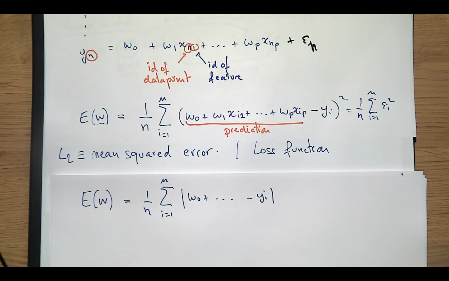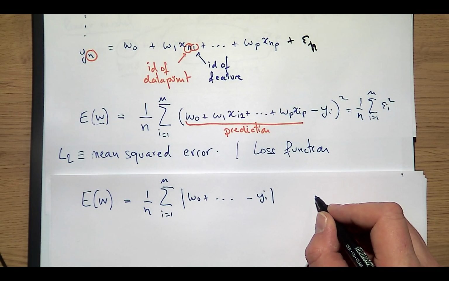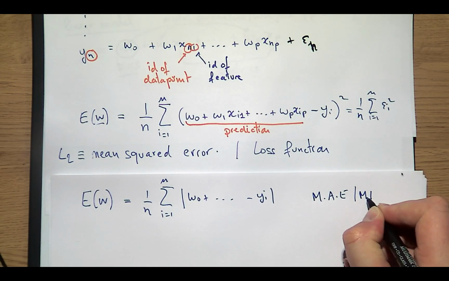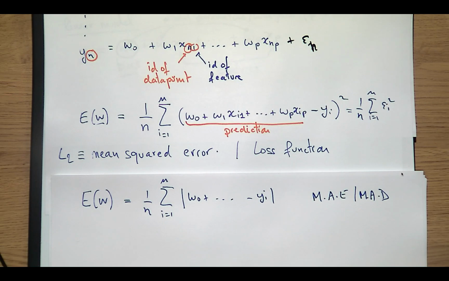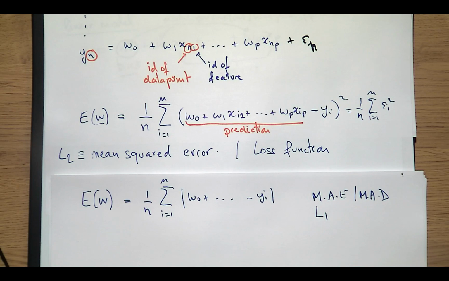This loss function is called the mean absolute error or mean absolute difference, or L1. Because we always want to sound a bit more mathy, we don't just say mean absolute error, we say L1. It sounds better. So if you see in deep learning papers, they will say we use the L1 loss function.